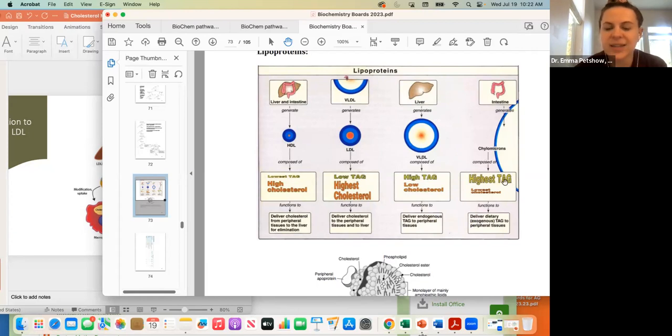What I mentioned, 3 fatty acids attached to a glycerol backbone. So it's the largest amount because that's really what we just absorbed. And it has maybe a little bit of dietary cholesterol, but really it's going to be a lot of those triacylglycerols. So highest TAG, lowest cholesterol. Chylomicrons are going to deliver the exogenous TAGs, triacylglycerols, to all of your peripheral tissues. So that's kind of how we started.